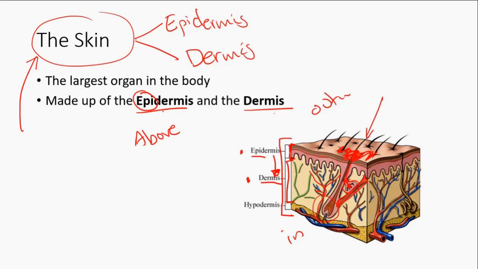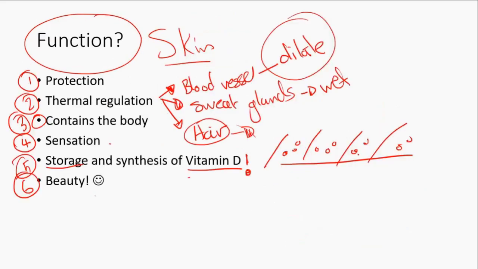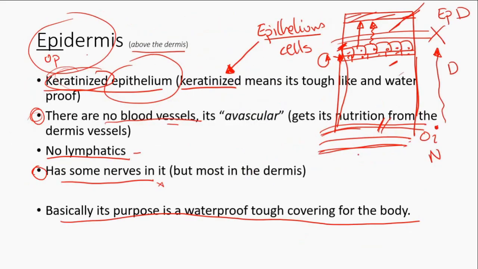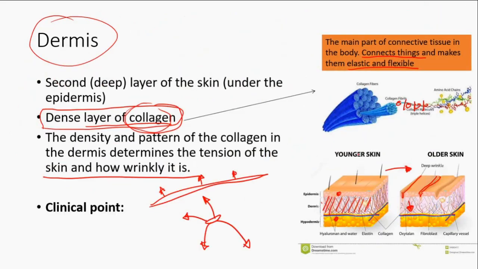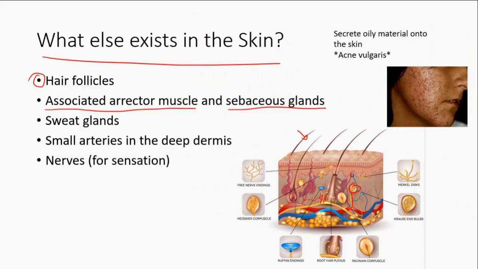Its function is essentially to create moisture for the skin, and in that moisture there's also acidity, so it protects against bacteria. That's something you should remember about your hair follicles: they're associated with sebaceous glands.